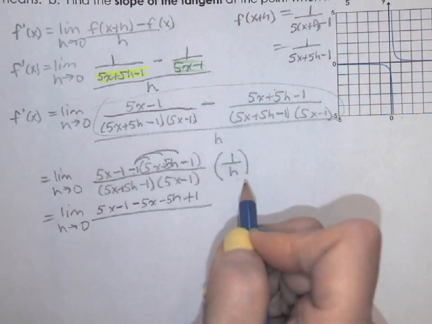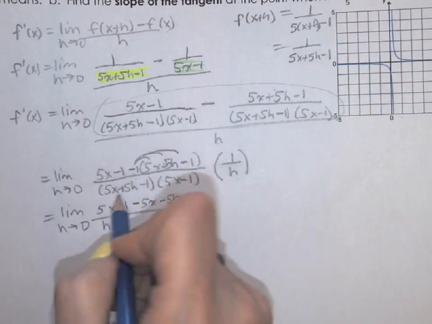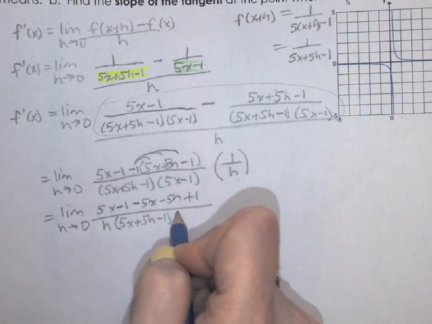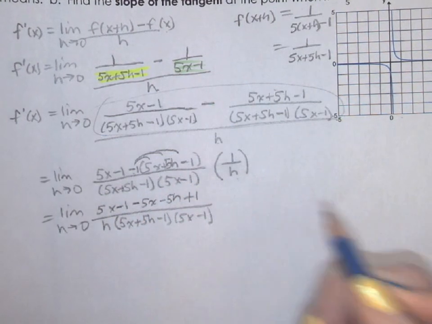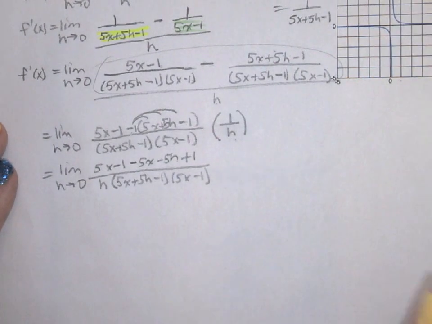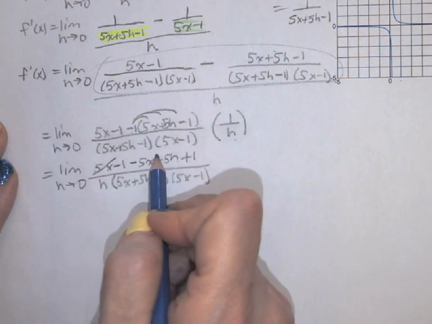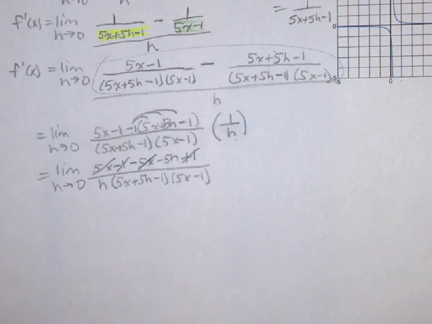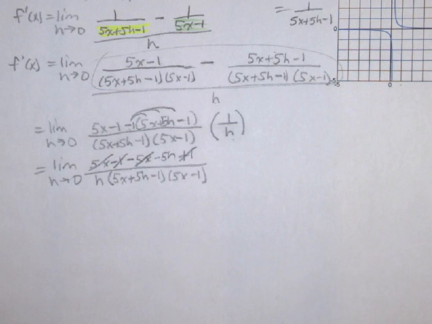All over, I'm going to put this h, the monomial term, out front, and then times 5x plus 5h minus 1 times 5x minus 1. And then see if there's any like terms to collect in the numerator. 5x minus 5x is 0, negative 1 plus 1 is 0. So I'm left with negative 5h in the numerator.